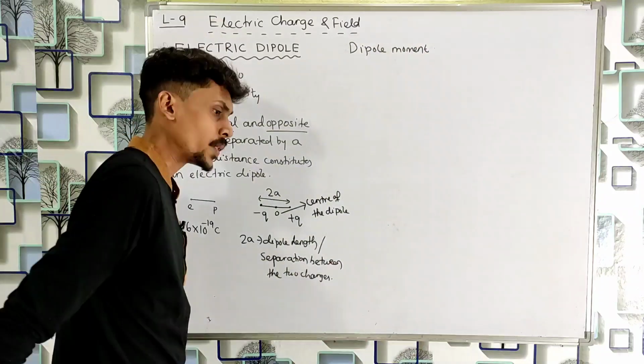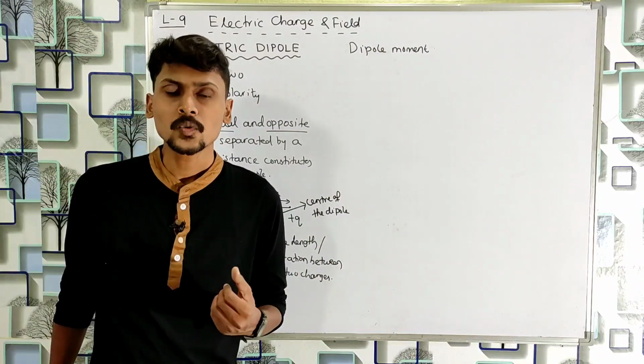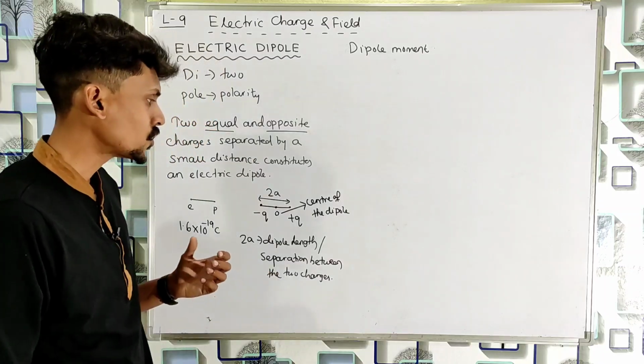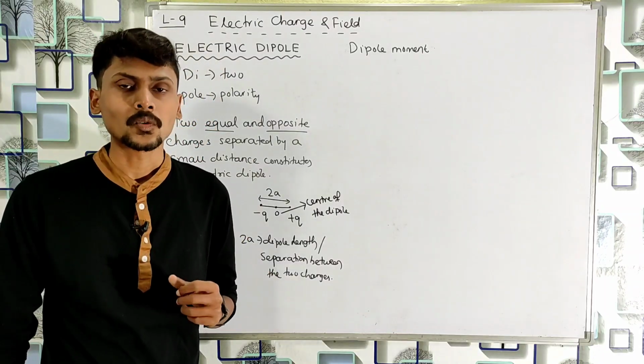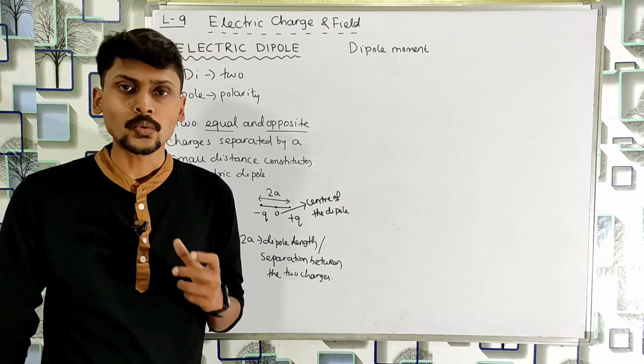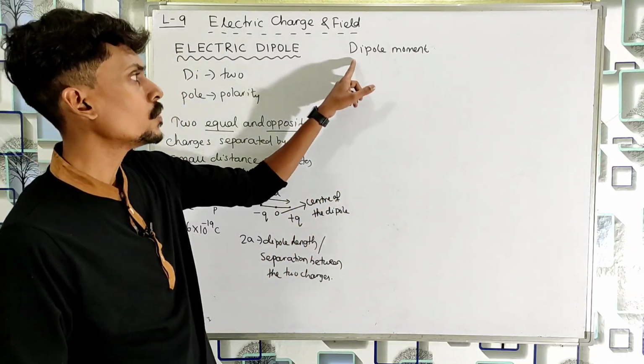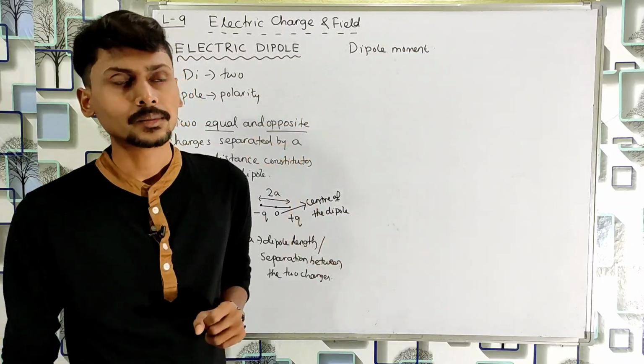Like to measure the strength of electric field, we use a quantity called electric field intensity. Similarly, to measure the strength of a dipole, whether the dipole is strong or weak, we use a term known as dipole moment.